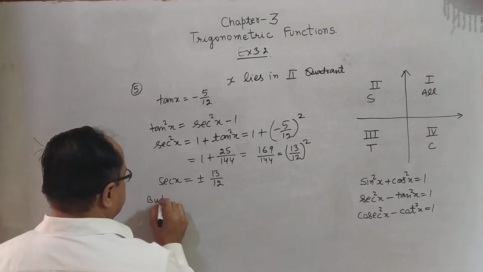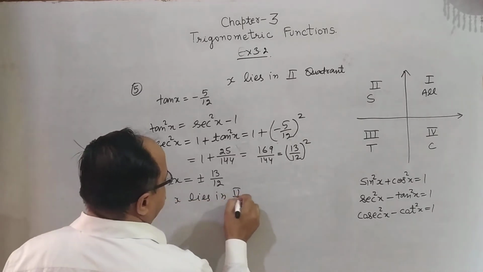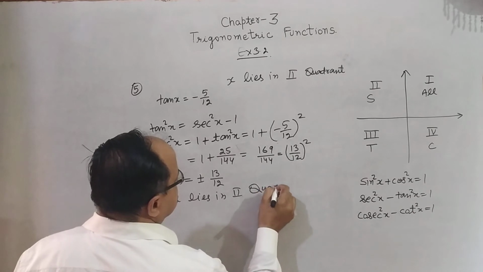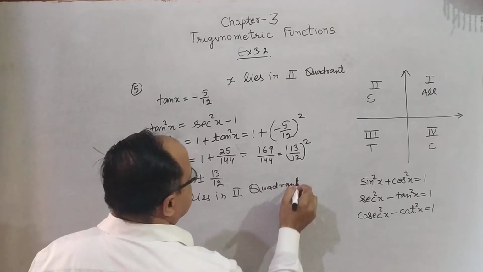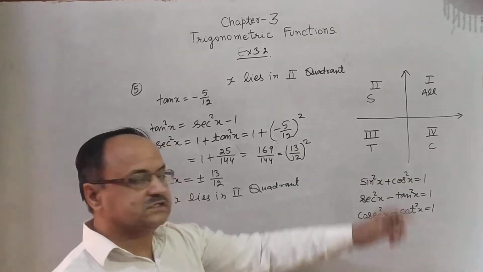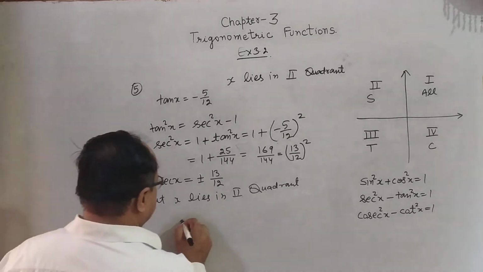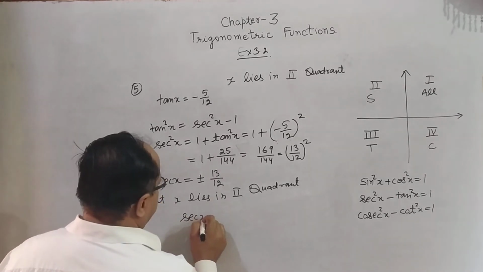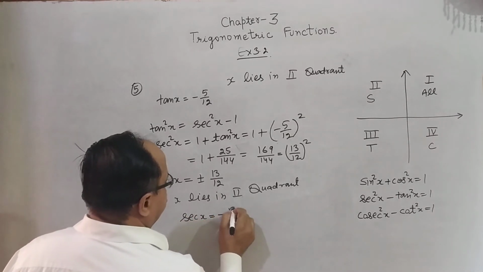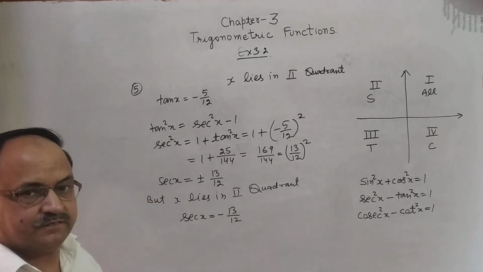But x lies in the second quadrant, and in the second quadrant, sin and cosec are positive. It means sec is negative. Sec x is negative 13 by 12.